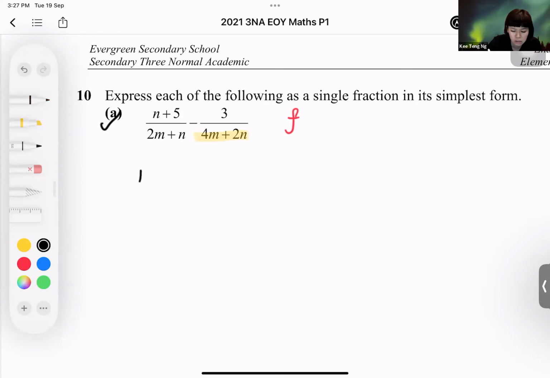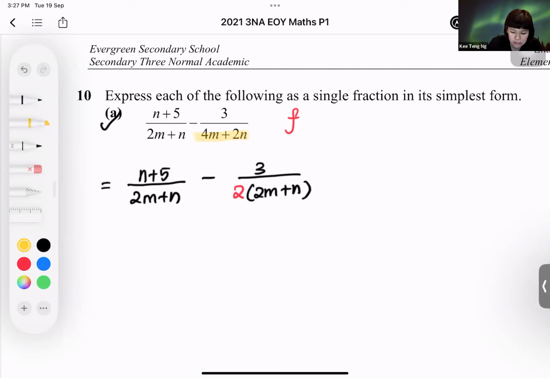So in this case, the first fraction, we have nothing to change. But the second fraction, this one has a common factor 2. We factorize it out, and I get 2 times (n plus 5). Now, the moment we factorize, you'll notice that this portion over here is a common factor. Then what do we need to do?